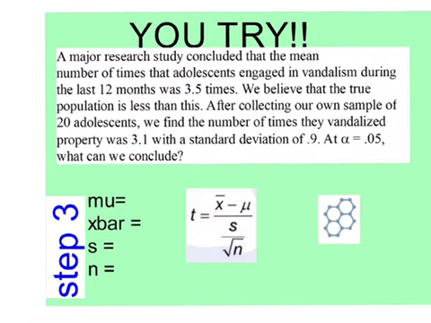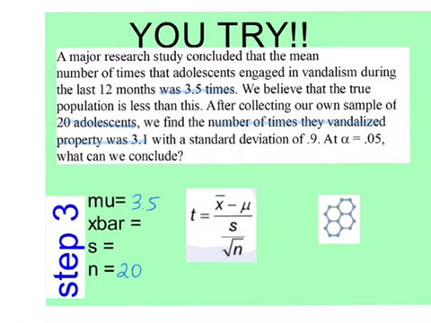Mu is in the first sentence, it's 3.5. 20 adolescents, that's N. Number of times they vandalized the property, meaning these 20, is 3.1.